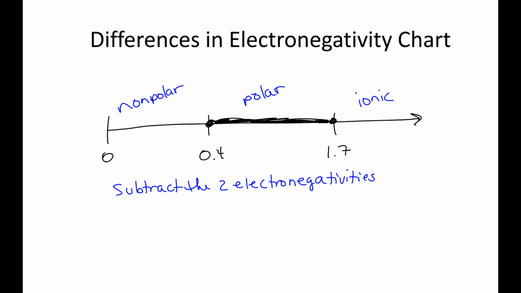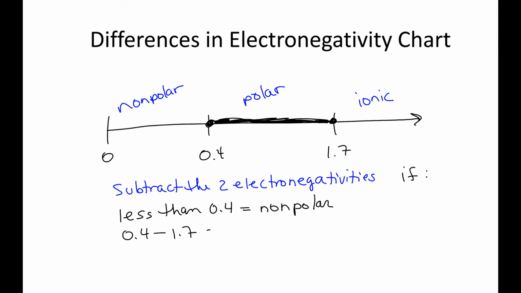And then if your number is less than 0.4, but not including, then your bond is nonpolar. If when you subtract the two, you get somewhere between 0.4 and 1.7, your bond is polar.